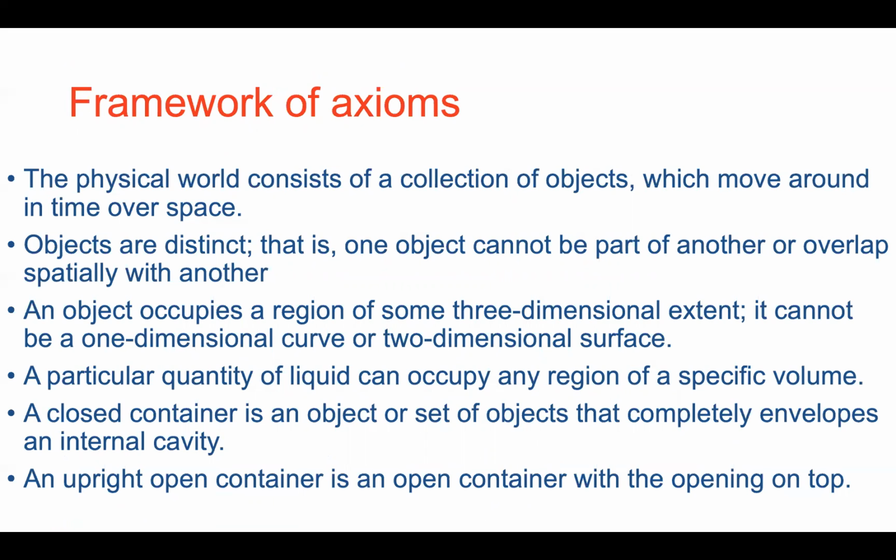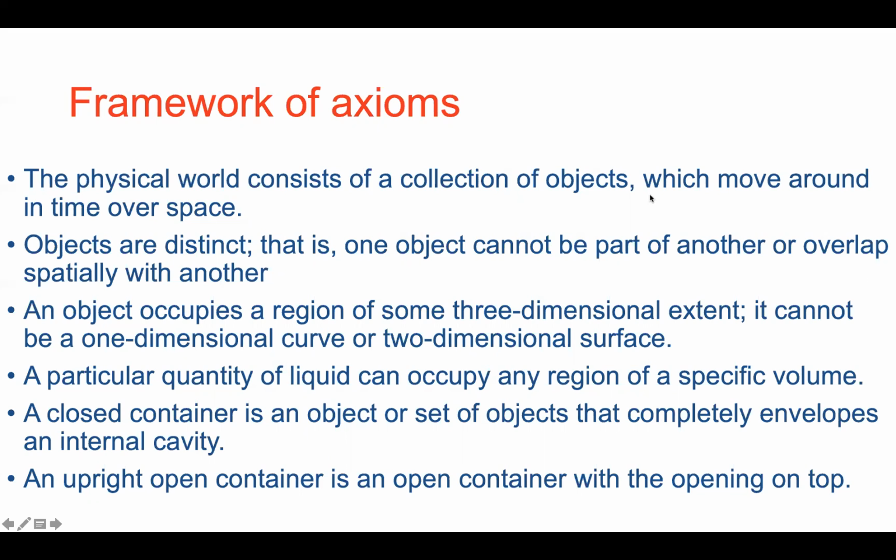The physical world consists of a collection of objects which move around in time over space. So these are the concepts that the AI has got to have. Objects are distinct. That is, one object cannot be part of another or overlap spatially with the other, right?